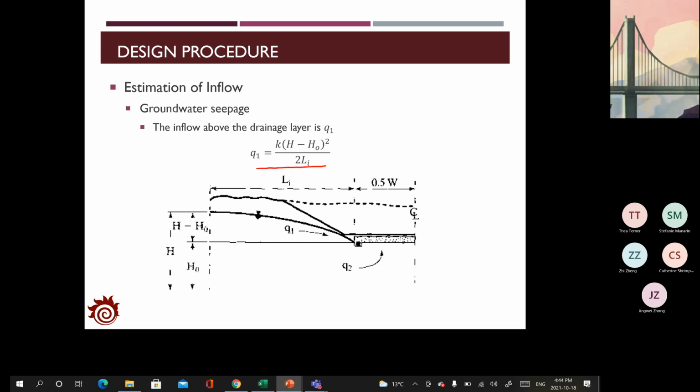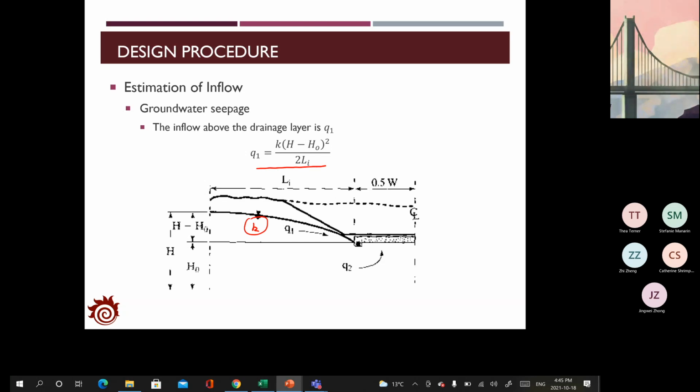And you can actually find out the definitions of all the variables. In this equation, K is the permeability of the soil in the cut slope, which would be the materials or the soils next to the pavement structure, or someone in the subgrade.